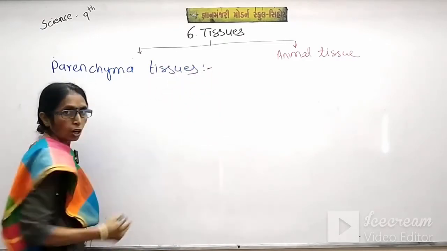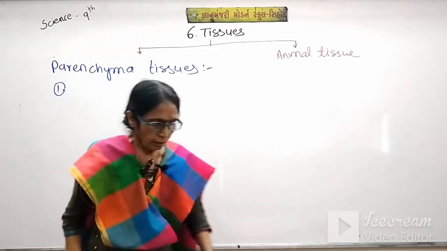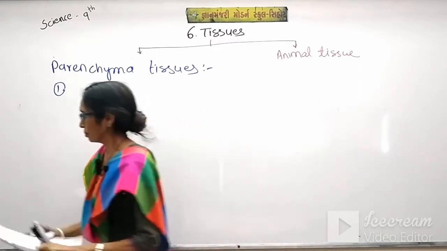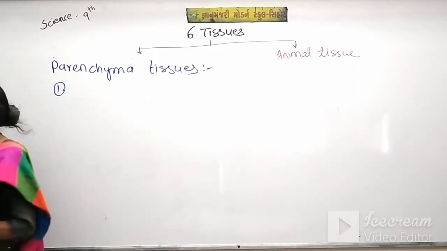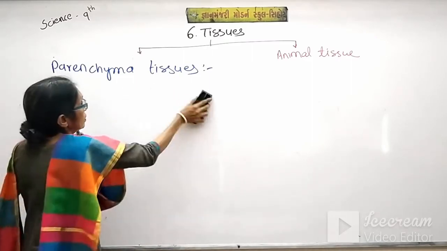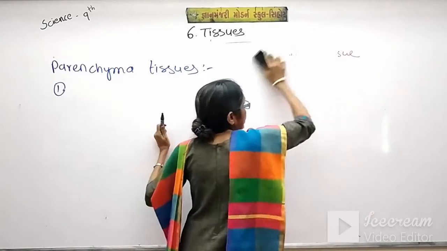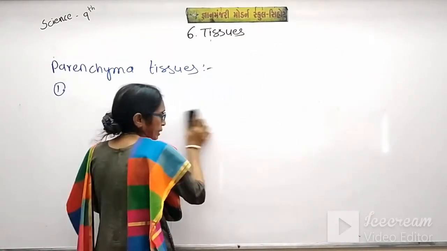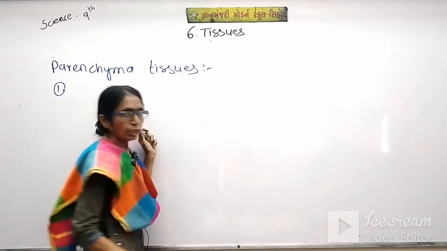We will write all the characteristics of parenchyma. What is parenchyma? They are simple permanent tissue. What is simple permanent tissue?